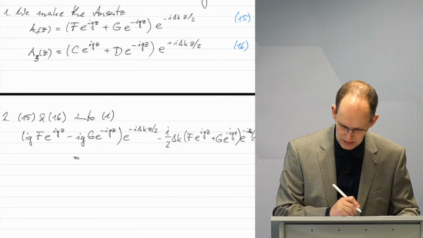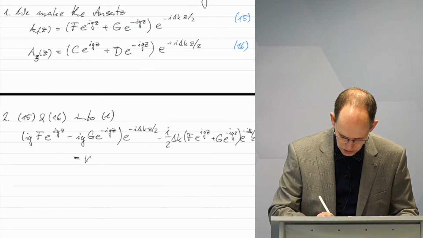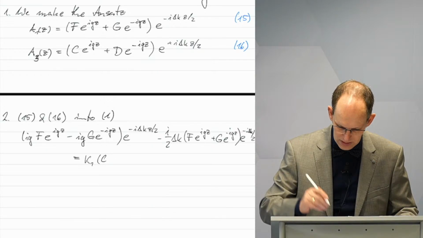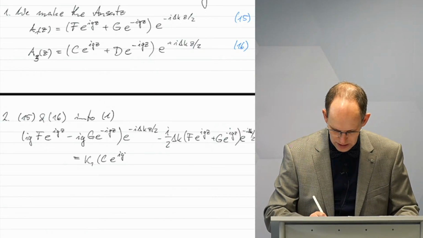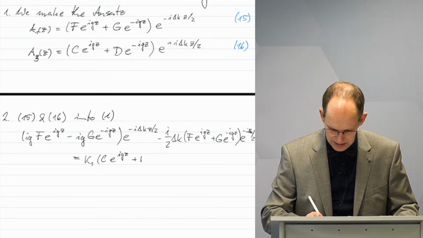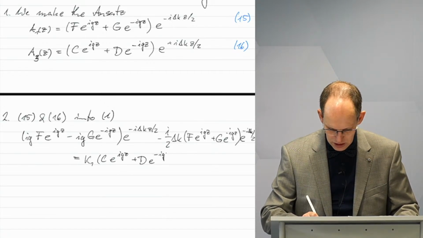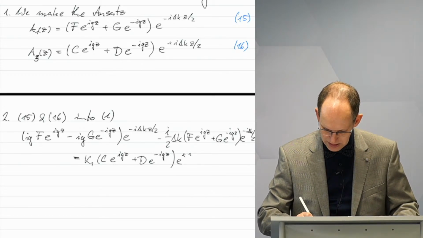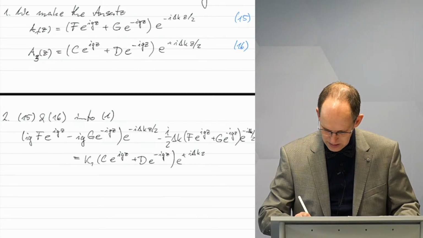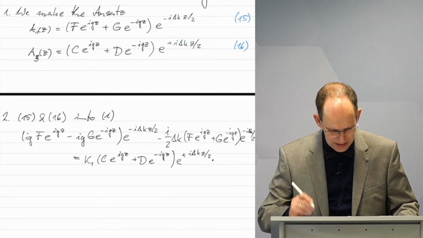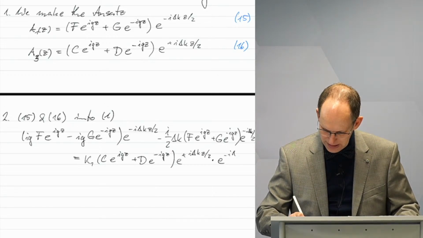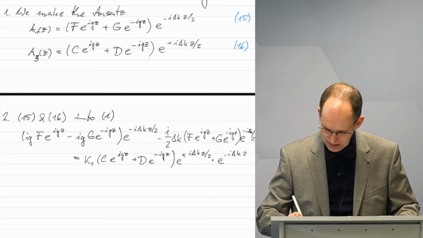And now the right-hand side, which is shorter: kappa 1 times C e to the i g z plus D e to the minus i g z, and then e to the plus i delta k z over 2, multiplied with e to the minus i delta k z.